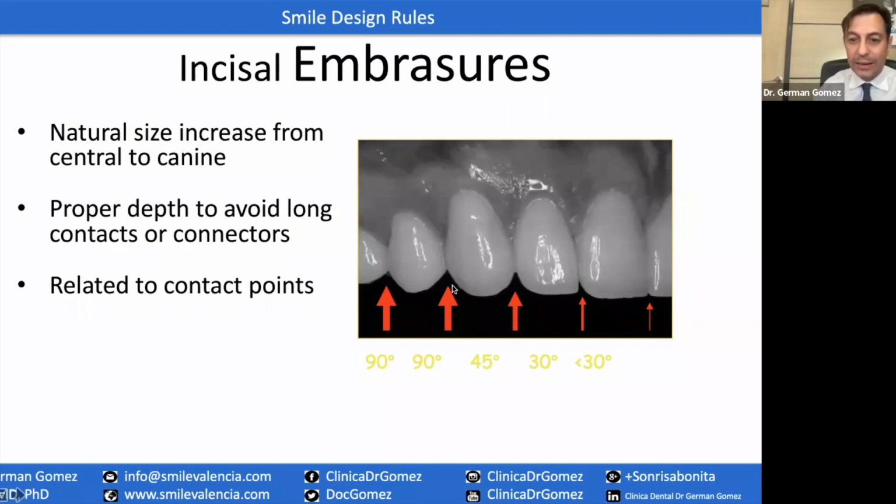Between the two central incisors, it's less than 30 degrees. I'm sorry about that. This here is the 30 degrees that are between the central incisor and the lateral incisor. This is the 45 degrees that is between the lateral incisor and the canine. And from the canine on, it's always 90 degrees. This is a 90 degree. Okay.